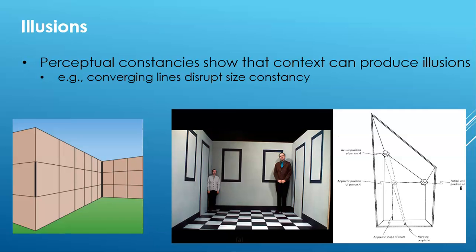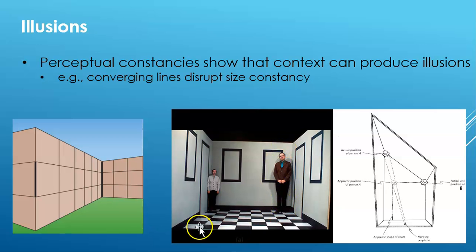So let's start talking about these illusions. Illusions of perceptual consistencies show that context can produce illusions. Converging lines can disrupt size consistency. For example, here, these two men are the same size in real life, but he is further away than this guy.